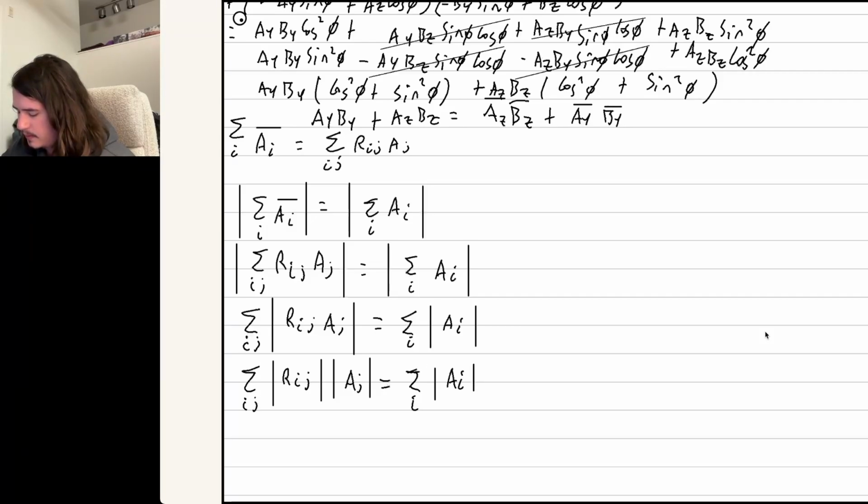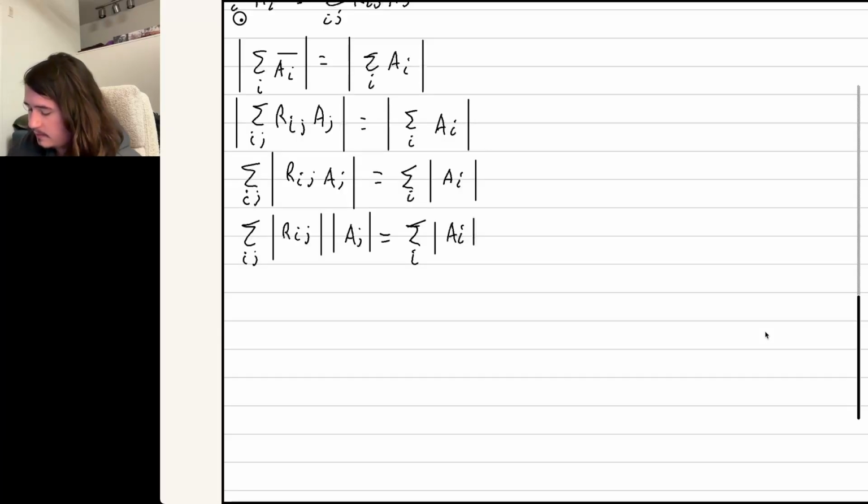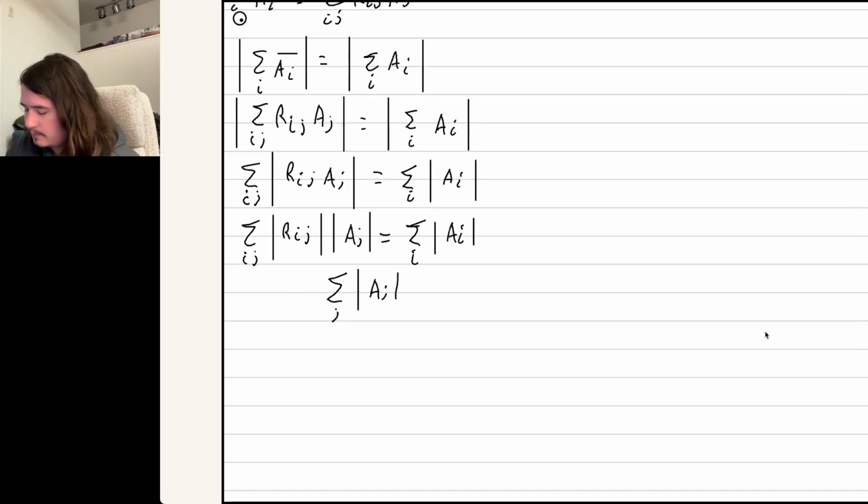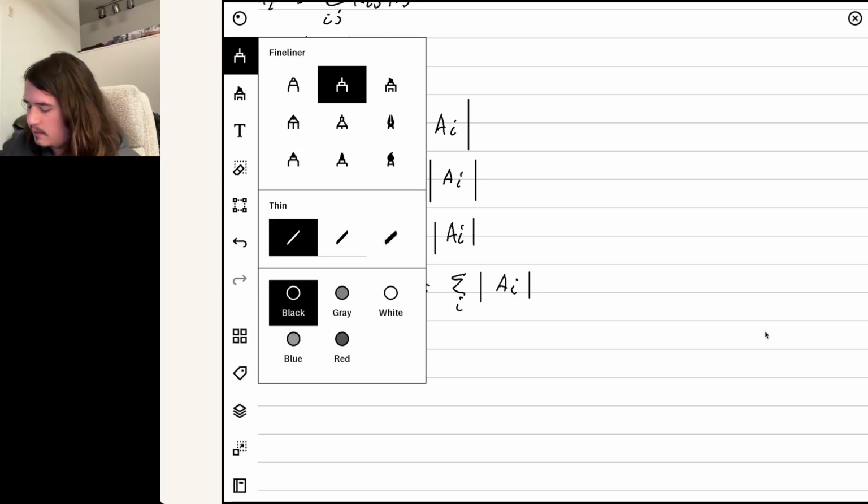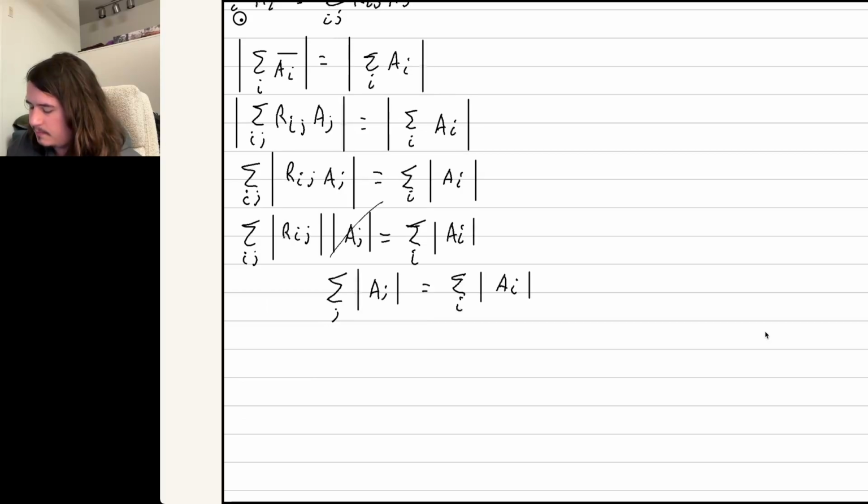Second cool thing is that the sum over j of Aj is the exact same thing as the sum over i of Ai, which means this term cancels out this term.